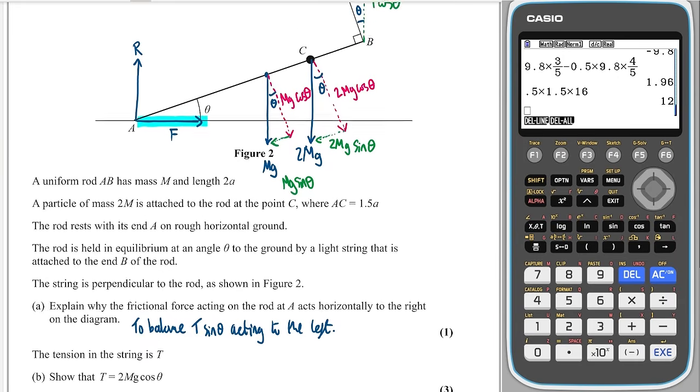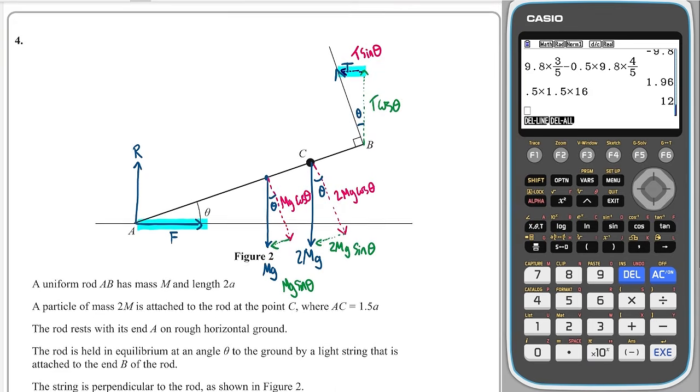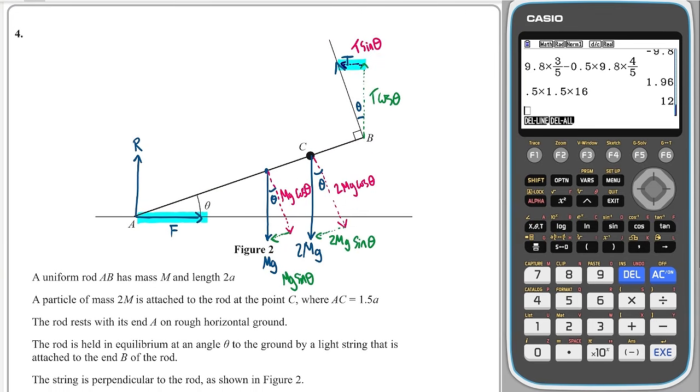Okay, now we need to show that the tension is equal to 2 mg cos theta. So I'm going to take moments at A, and the reason why is because I don't want to include R and F. I don't know what they are yet, so I want to cancel them out. So I'm going to write here moments at A, make it clear to the examiner they know what I'm doing, and I am going to look along the rod.